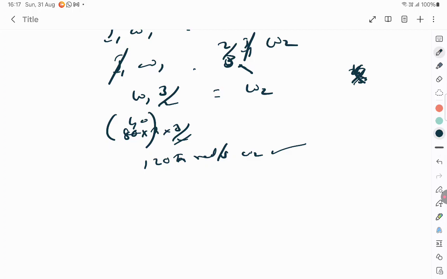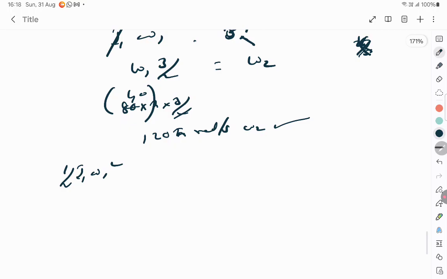Second part of the question: show that the child's new kinetic energy of rotation is more than the initial kinetic energy. How do you account for this increase in kinetic energy? The initial kinetic energy is half I1 omega 1 square, and the final kinetic energy is half I2 omega 2 square. Correct?